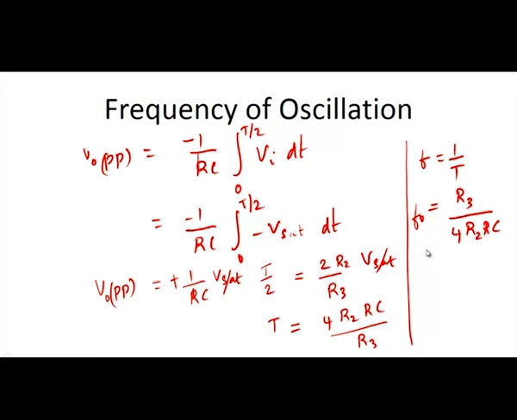And now we are moving on to the next topic called oscillator, and this is the sine wave oscillator. This diagram shows you the basic system of an oscillator circuit.